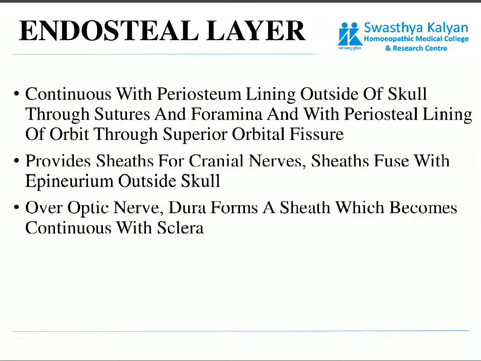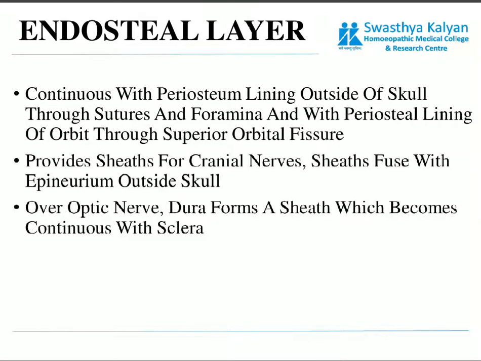The endosteal layer lines the inner surface of the skull bone, and it also continues with the periosteum, that is the outer covering of the skull bone, with the help of the various sutures and foramens present in the skull bone.